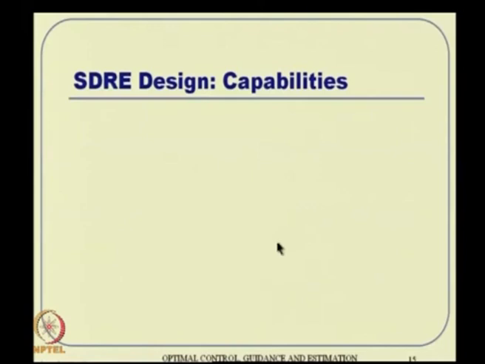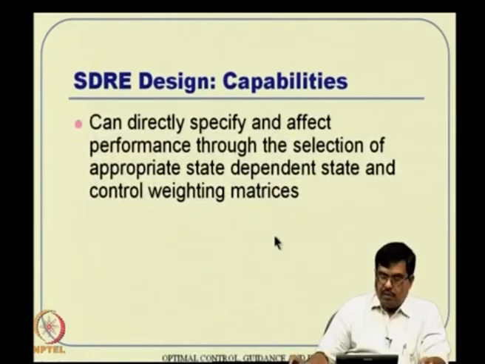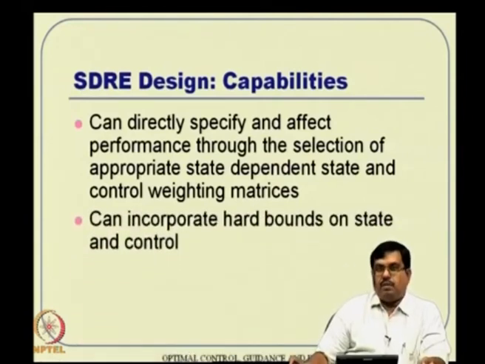Alright, now coming to a different thing, what are the capabilities of SDRE? This can be summarized like this. You can directly specify and affect performance through the selection of appropriate state dependent state and control weighting matrices, that is Q of x and R of x. There are also extensions to incorporate hard bounds on state and control.